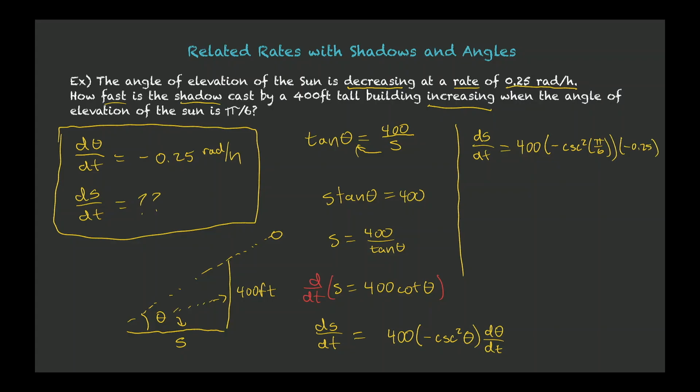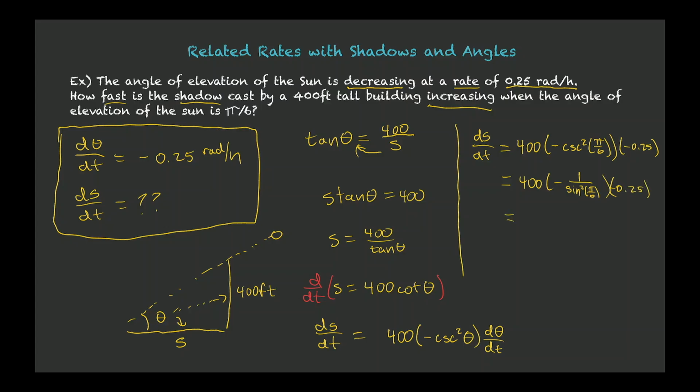Now we could do this in the calculator, we could use a unit circle, but it's just arithmetic at this point. So we have 400 times negative cosecant squared of pi over 6, which is 1 over sine squared of pi over 6, times negative 0.25.